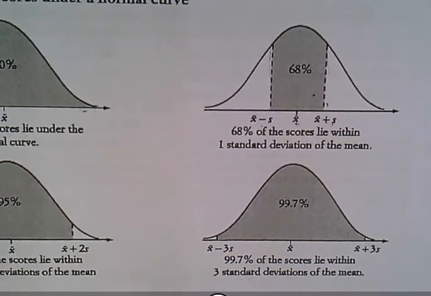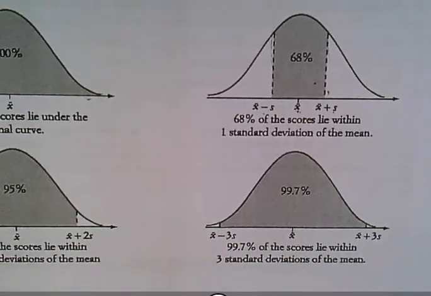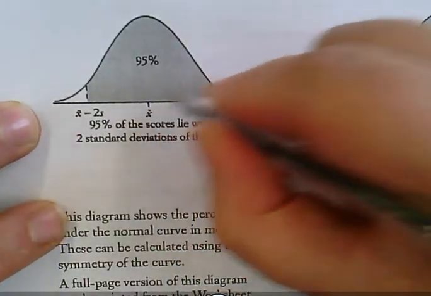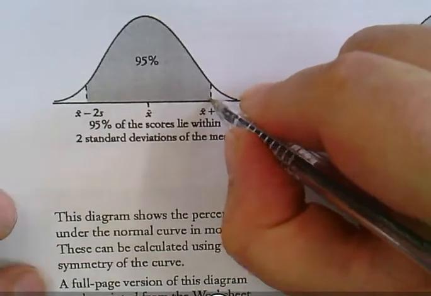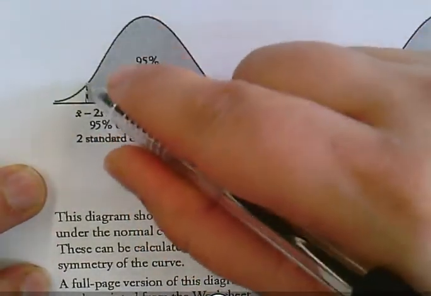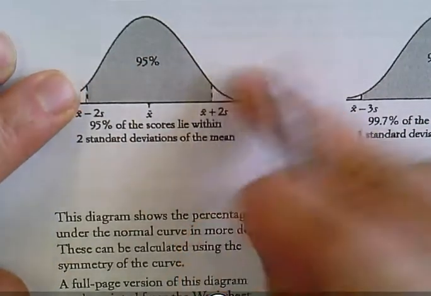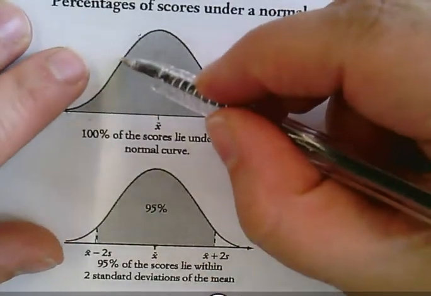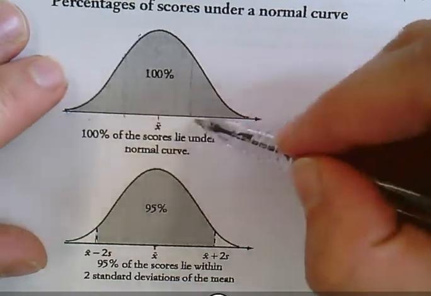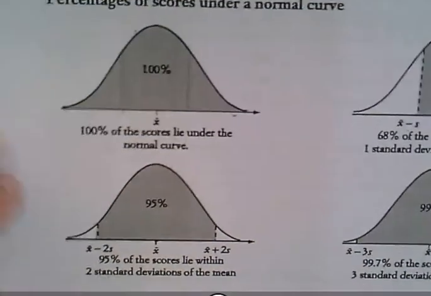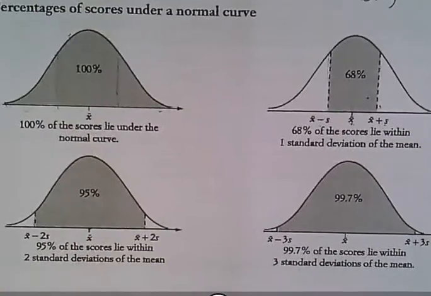You listening? Now, you will be given these numbers in an exam. If I look at the mean here and I go out to the mean plus 2 standard deviations and the mean minus 2 standard deviations, you'll find that most of your data, which is 95%, is under that region of the curve. I mean, you can see, this is all your scores. But just from there to there, the mean plus 1 standard deviation to the mean minus 1 standard deviation, in that middle section, you've got 68% of your scores.